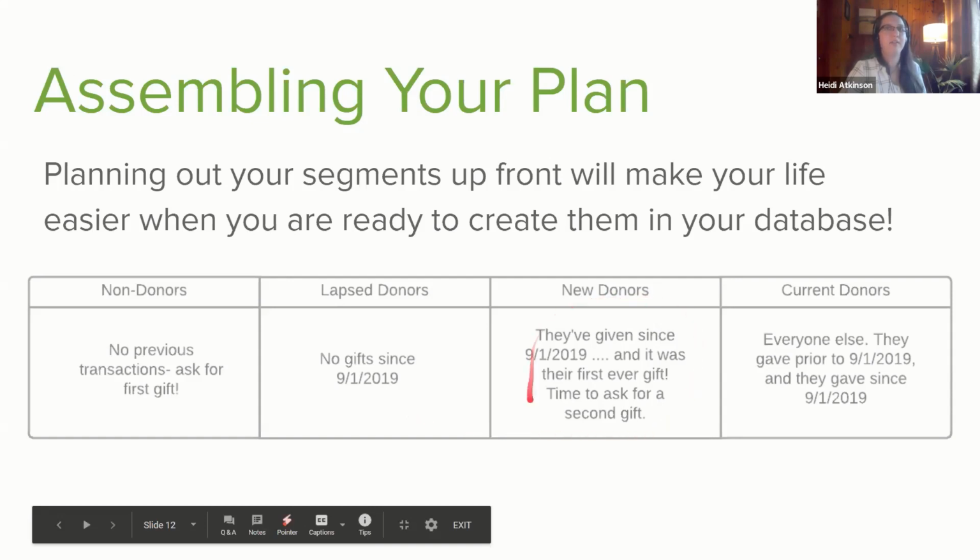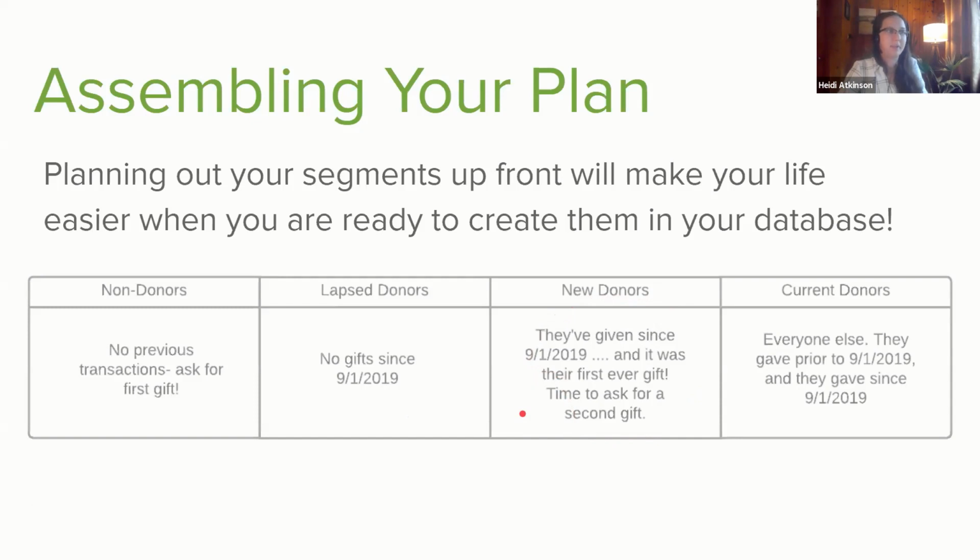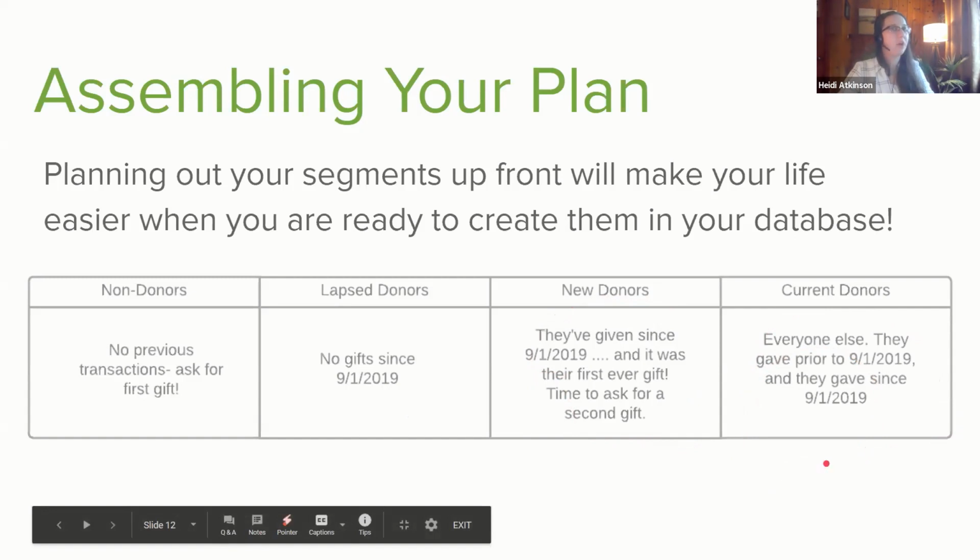I'm going to define new donors essentially as they've given since September 1st, 2019, just because that made sense to me putting this out to this class. You might have it be a little bit nearer term, like new donors if their first gift was in the last 30 days. And then I just have this end segment, which I'm calling current donors, but it's essentially everybody else. They should be getting my appeal.